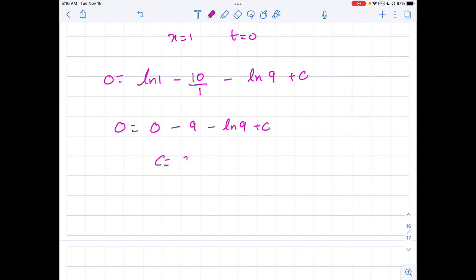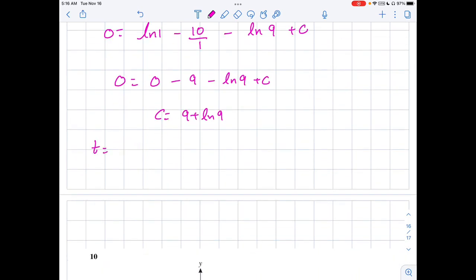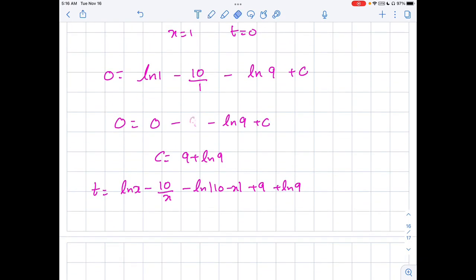So c is equal to 10 plus ln 9. So what is my final answer? t is equal to ln x minus 10 upon x minus ln(10 minus x) plus 10 plus ln 9. 10 upon 1 is 10, so this is not 9, that is 10.